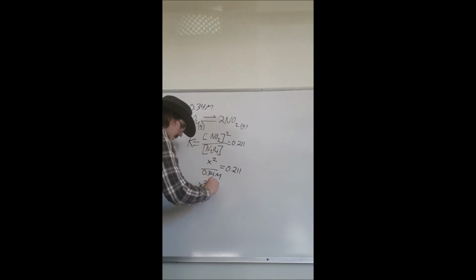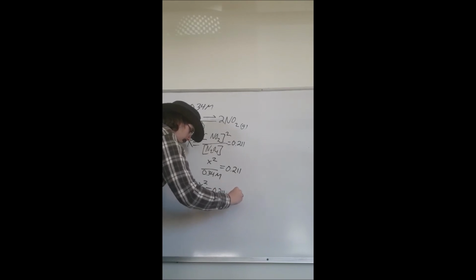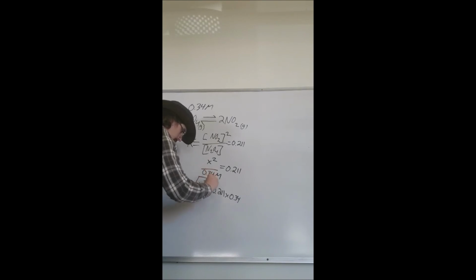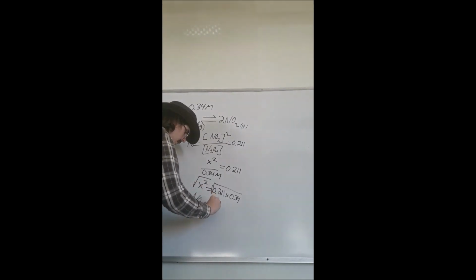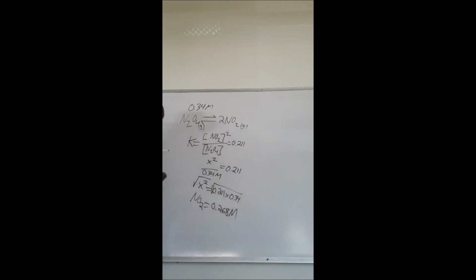X squared equals 0.211 times 0.34, and we'll have to square root, and we'll get that the concentration of NO2 is now equal to 0.268. So, what do you notice? Well, 1 molar gave us 0.459. Well, 0.34 molar gave us 0.268. Less concentration means less to go around. It's going to always change.